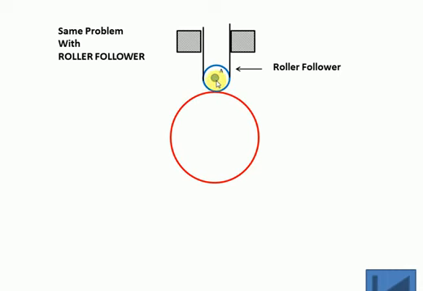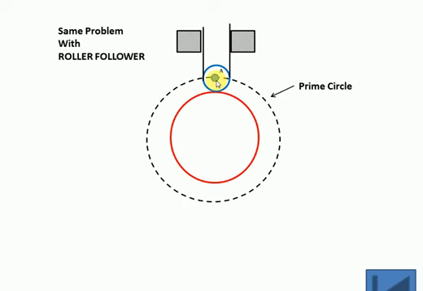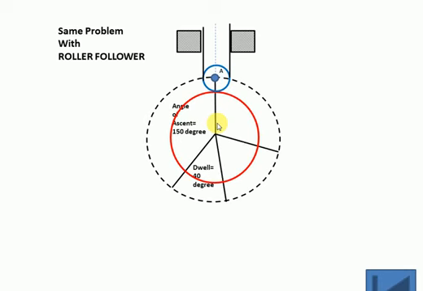We'll draw a prime circle, then we'll take the line of action of the follower as a vertical line, and we'll draw the angle of ascent 150 degrees, dwell 40 degrees and angle of descent as 60 degrees.